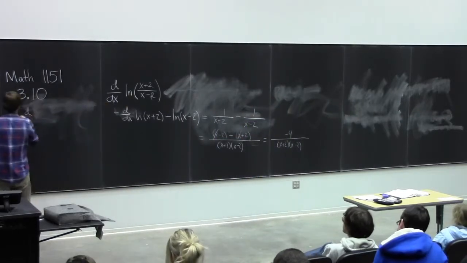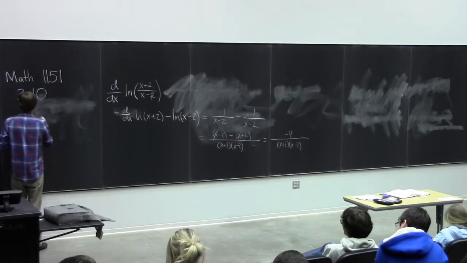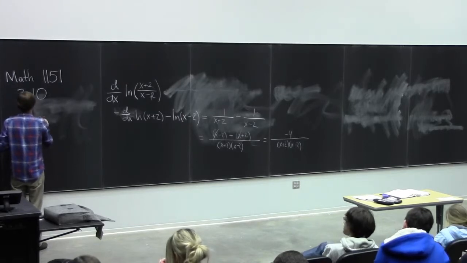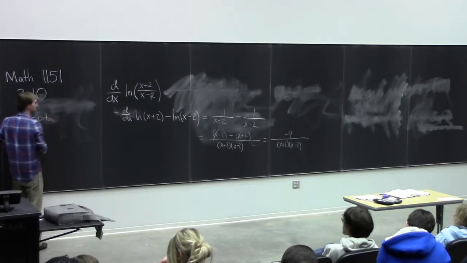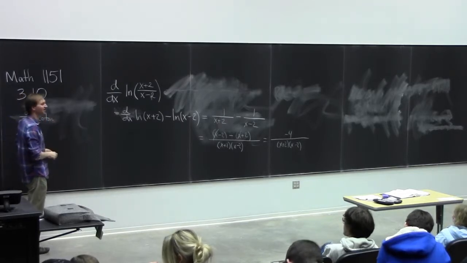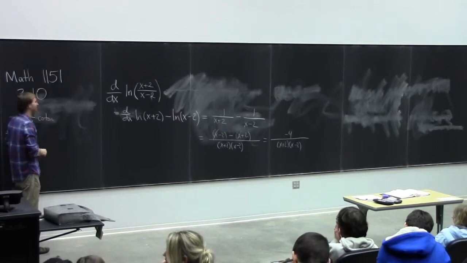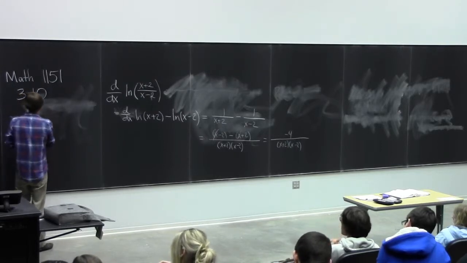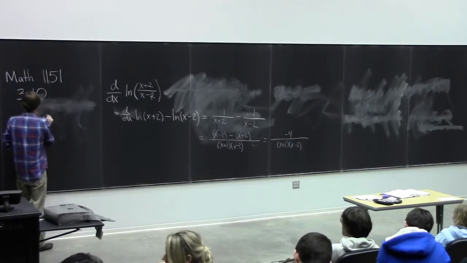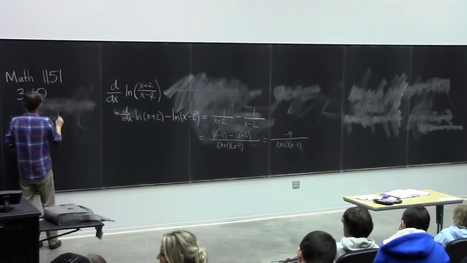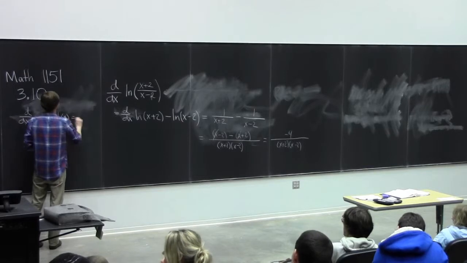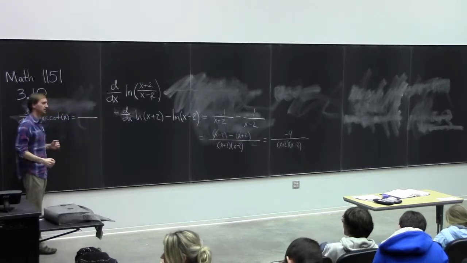So d over dx of cotangent, like this? Wait, no, not negative. Arc cotangent is what you want, right? Yeah, arc cotangent. That's okay. I did it right with you. All right. So arc cotangent of x is what's this equal to again?